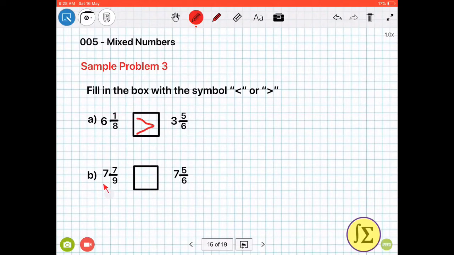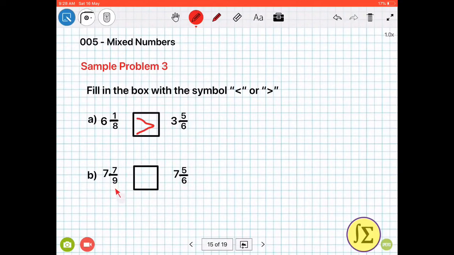Okay, let's look at B. 7 7 over 9 compared to 7 5 over 6. So it has the same whole number. So both these numbers lie between 7 and 8. So to determine the larger or the smaller number, we just have to look at the fraction only.